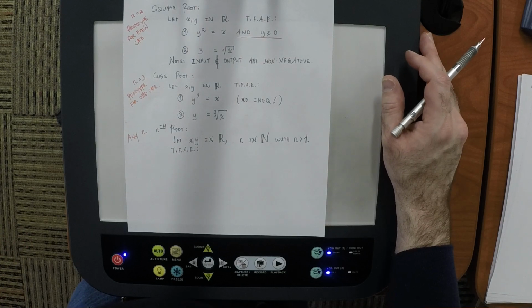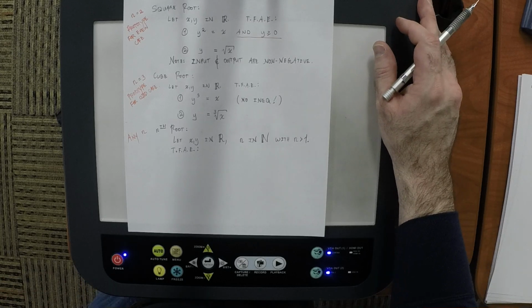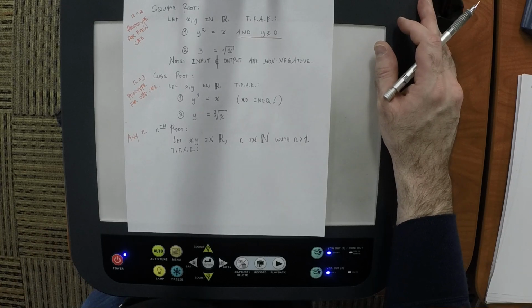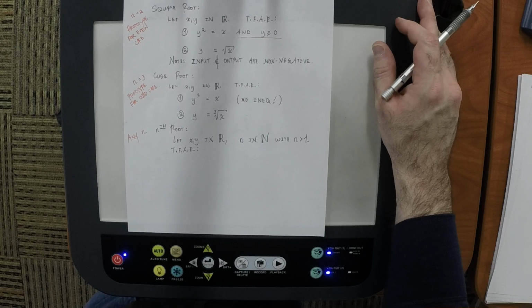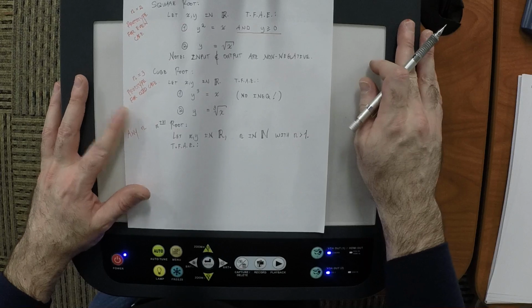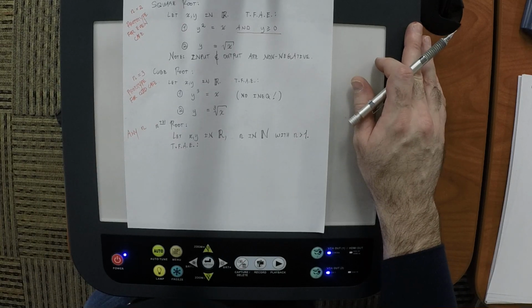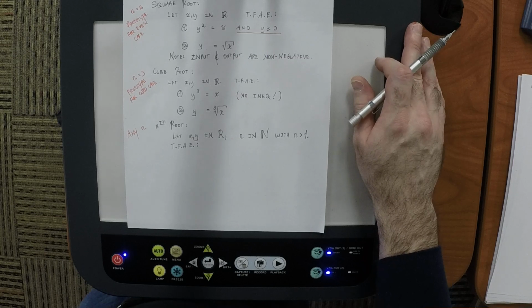All non-negative integers, which means it's the integers starting with 0. So 0, 1, 2, 3, 4, going on. So if we say a natural that's more than 1, that's saying any natural except 0 or 1. We're not going to have that. 0's out, 1's out, but 2's okay, 3's okay, 4's okay, 44's okay, etc.